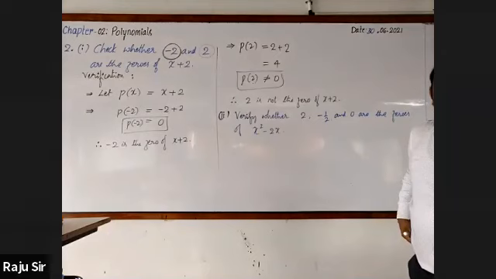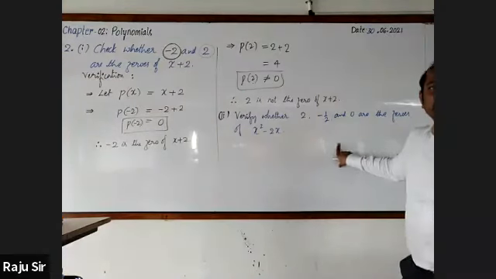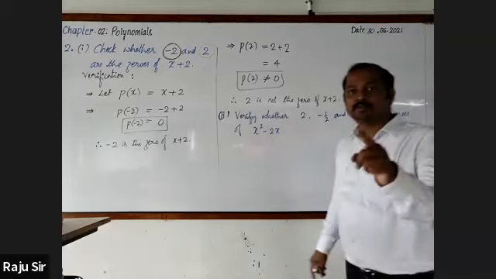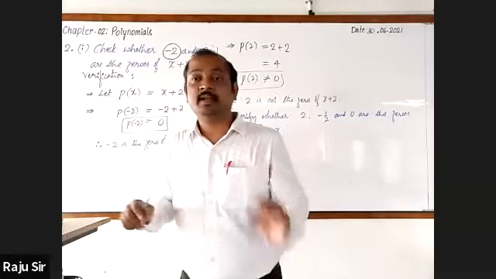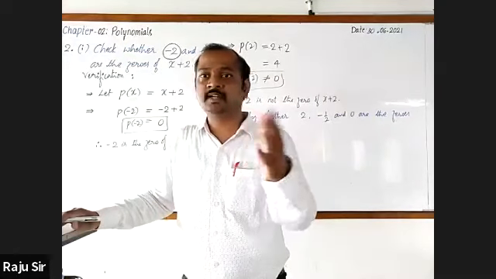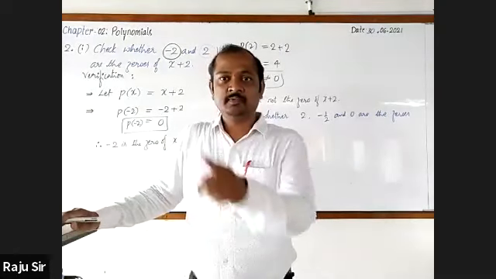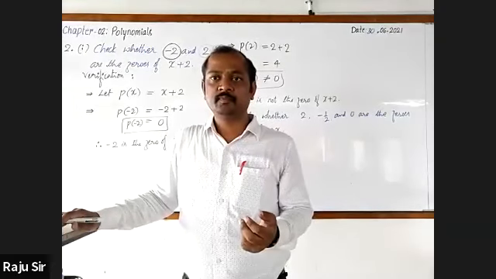Listen. One interesting thing is there. Here you can notice one interesting thing. That is, you all know that the number of zeros of a polynomial depends on its degree. If it is a linear polynomial, how many zeros will it have?